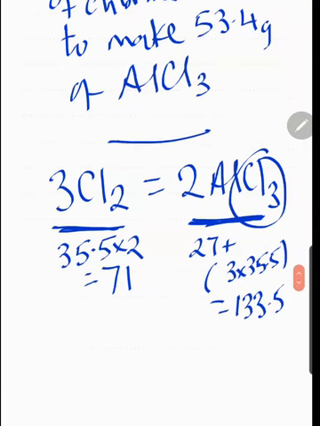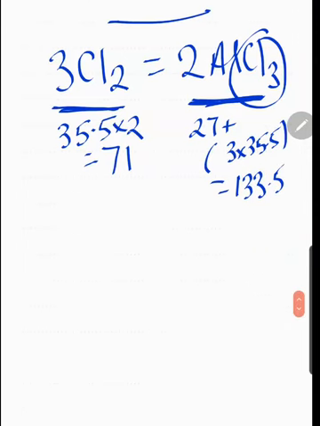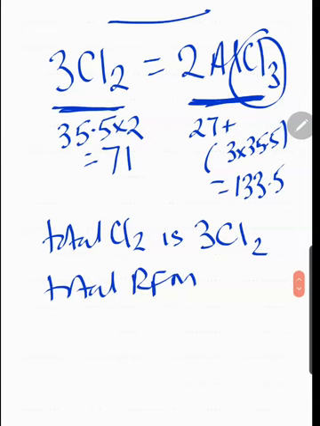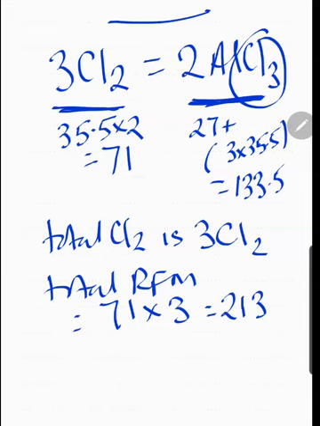Okay, this time you have 3 chlorines in total. So this time total Cl2 is 3 Cl2. So the total formula mass is 71 times 3, which is 213.